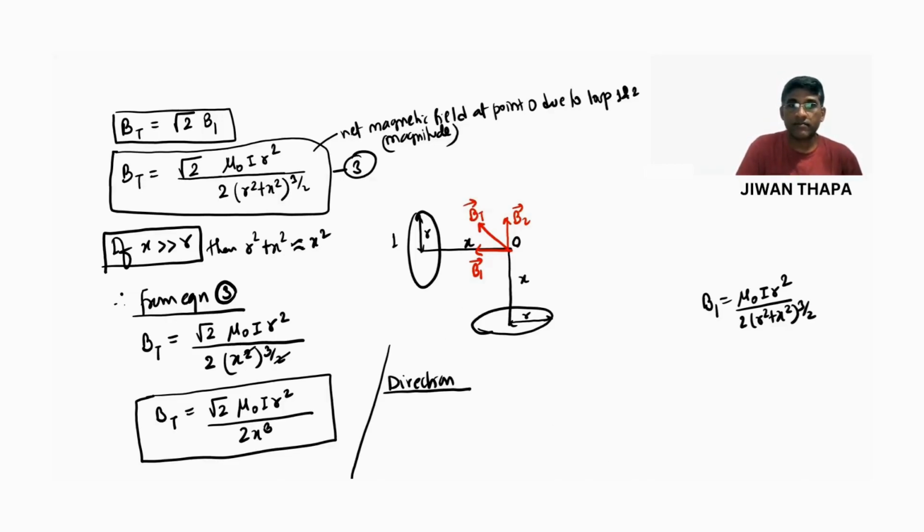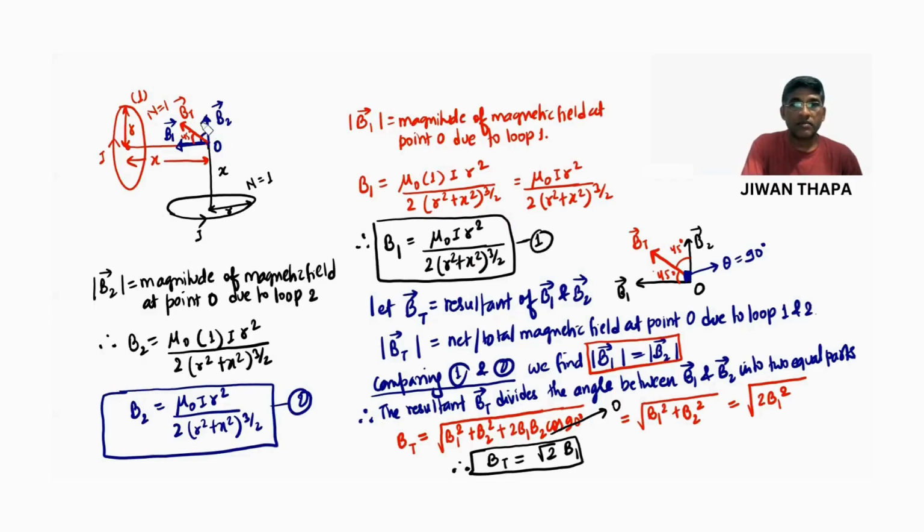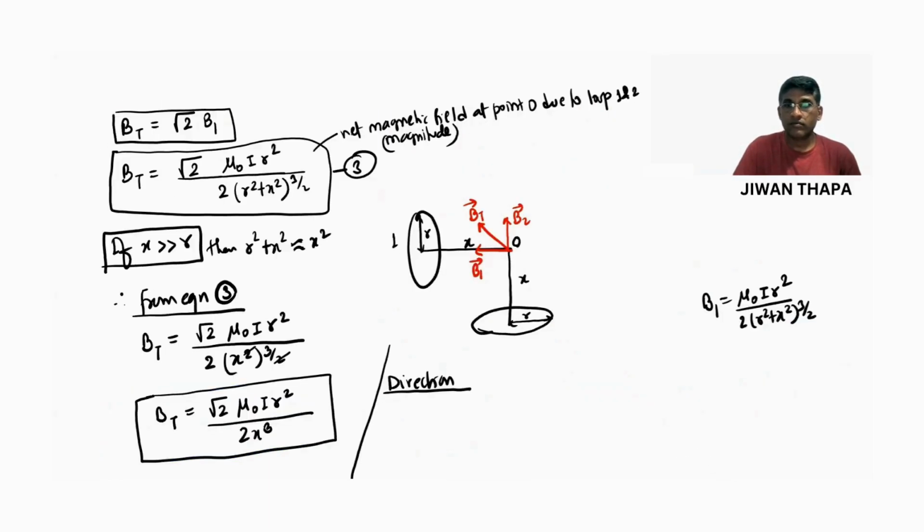We have seen in the previous case that BT makes angle 45 degree with B1 and B2. So this angle is 45 degree and this angle is 45 degree.